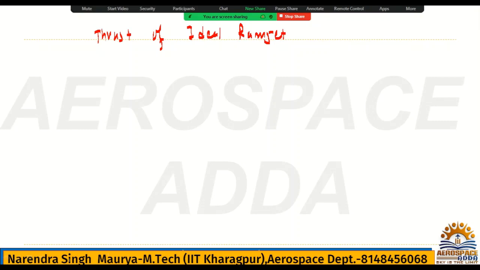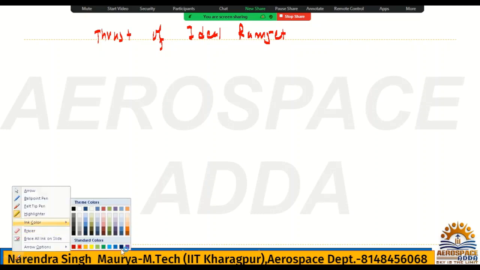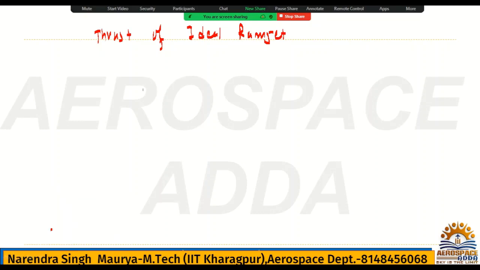How to get that? Very simple, like other engines, we can write the thrust equation for this ramjet.